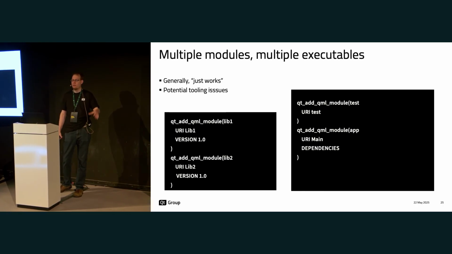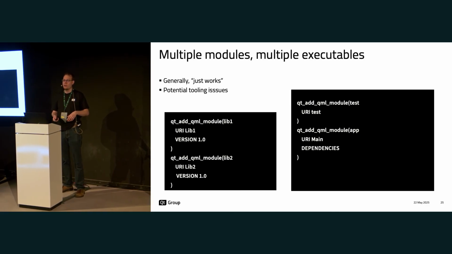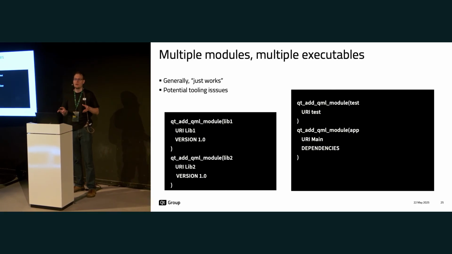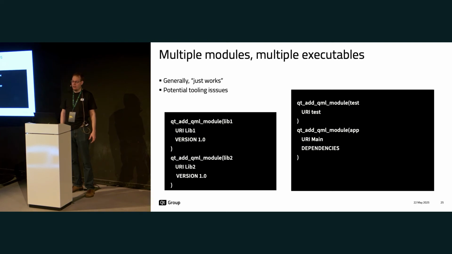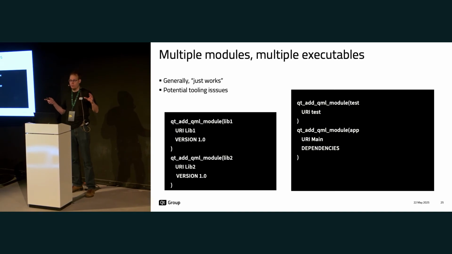You probably have multiple separate QML modules, and you might have a unit test, and you might have your main executable, and both of them should use both modules. And in general, that should still work, because at runtime, if the linker doesn't disregard your initializer, everything will be in the Qt QML subdirectory in the resource file system, and everything will be found at runtime.